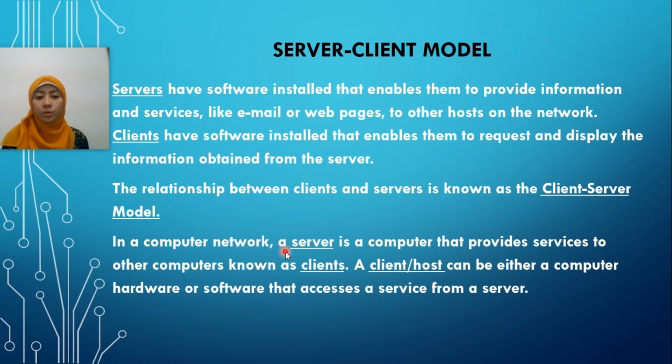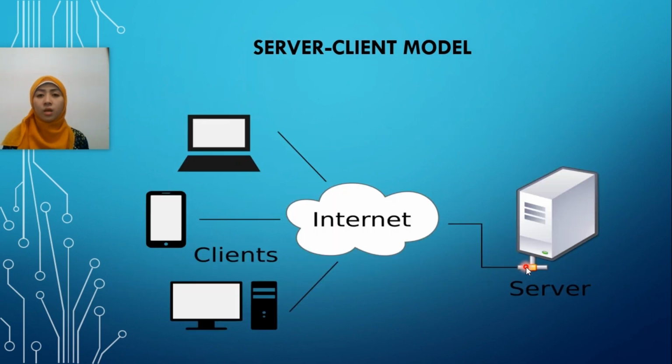In a computer network, a server is a computer that provides services to other computers, known as clients. A client host can be either computer hardware or software that accesses a service from a server. Here we have a visual of a server client model. Here are the clients, connected through the internet to the server.